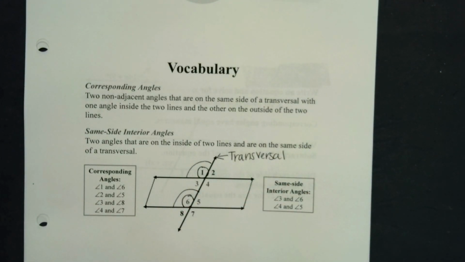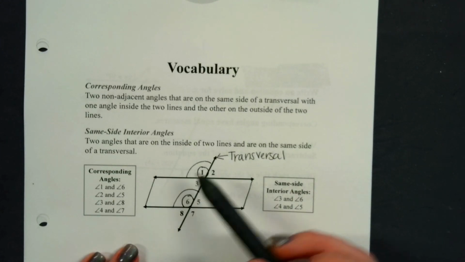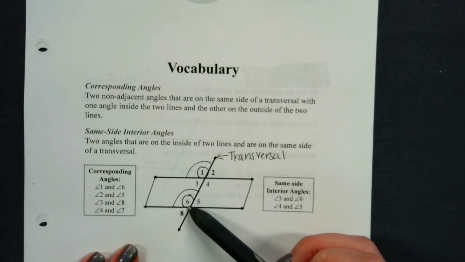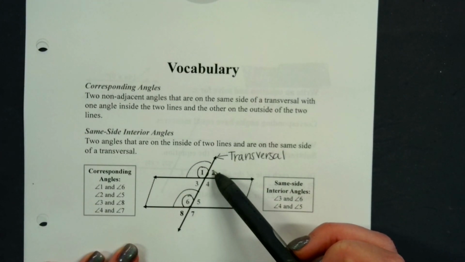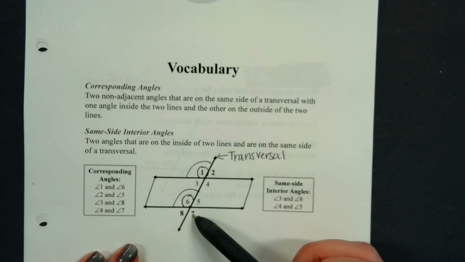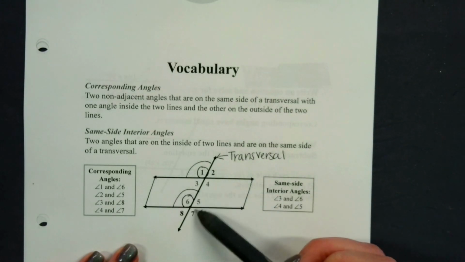What does the word congruent mean again? Same. Congruent means they measure the same. So 1 and 6 are corresponding angles. 3 and 8, 2 and 5, and 4 and 7. They have to be on the same side.